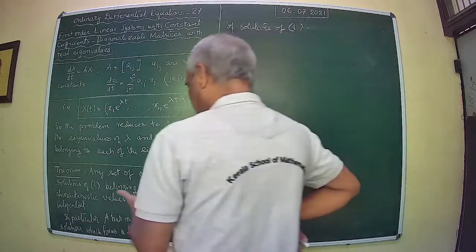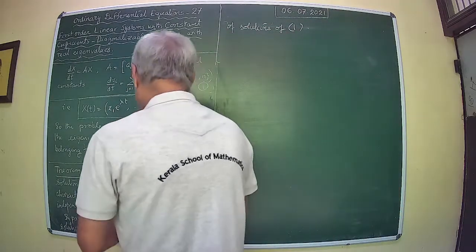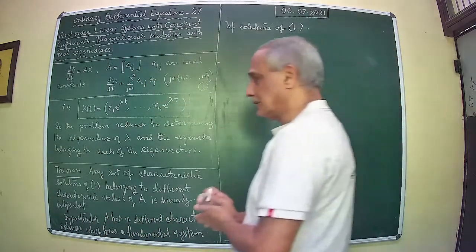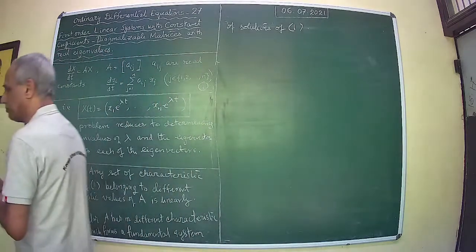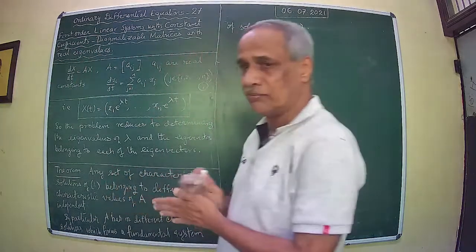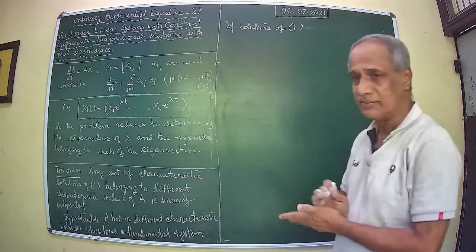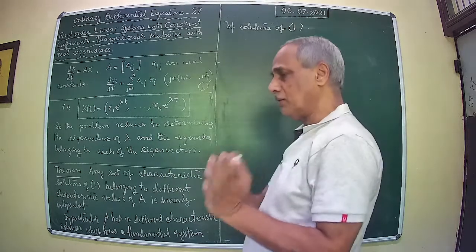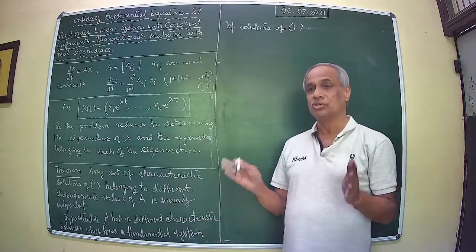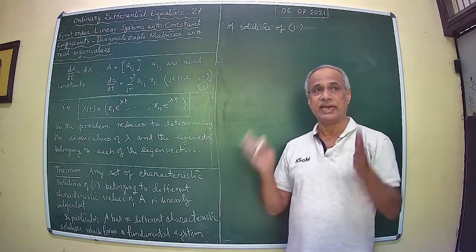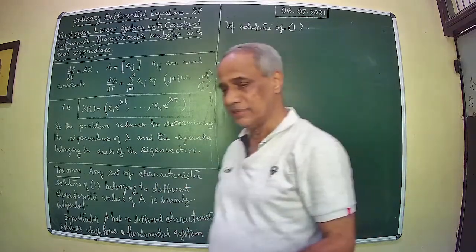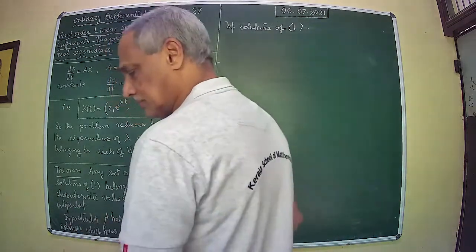That's a simple thing, because if you are talking about characteristic solutions, then at any point t naught, they form what is called a characteristic vector belonging to the particular eigenvalue, and they belong to different characteristic values. So you know that the eigenvectors belonging to distinct characteristic values are linearly independent.